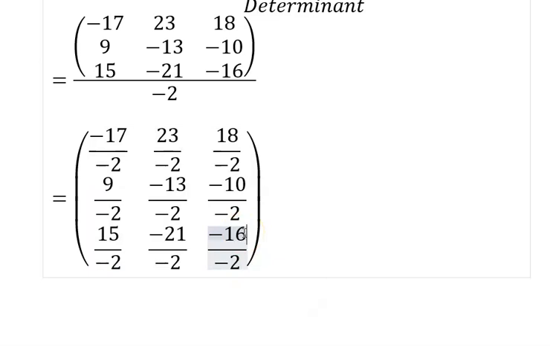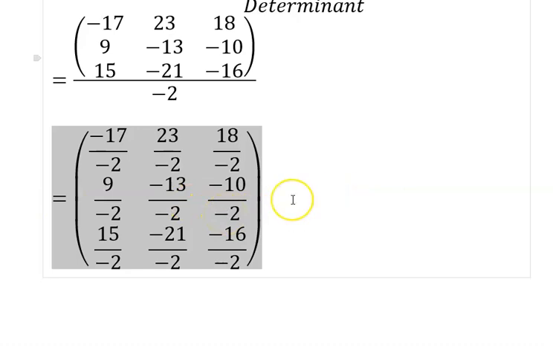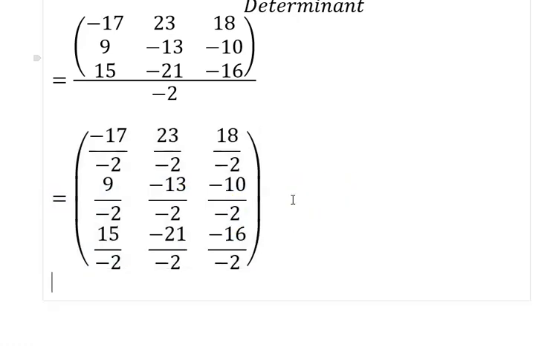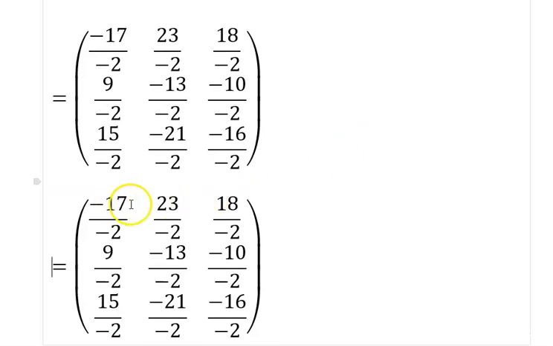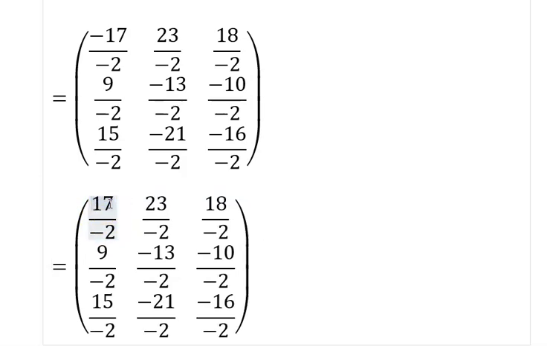Beautiful. So having done that, here this minus will cancel this minus, so we'll be left with 17 divided by 2.